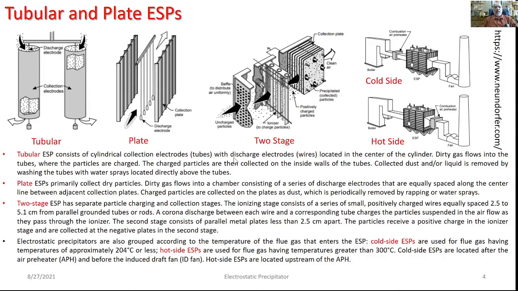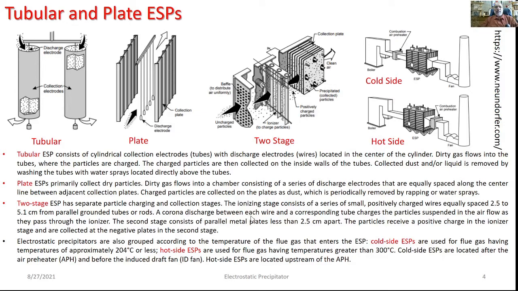The third configuration is of two-stage ESP. As you see, here there is one ionizing stage, whereas the second stage is meant for the particulate collection. So here ESP has separate particle charging and collection stages. The ionizing stage consists of a series of small positively charged wires equally spaced 2.5 to 5 cm from parallel grounded tubes or rods.